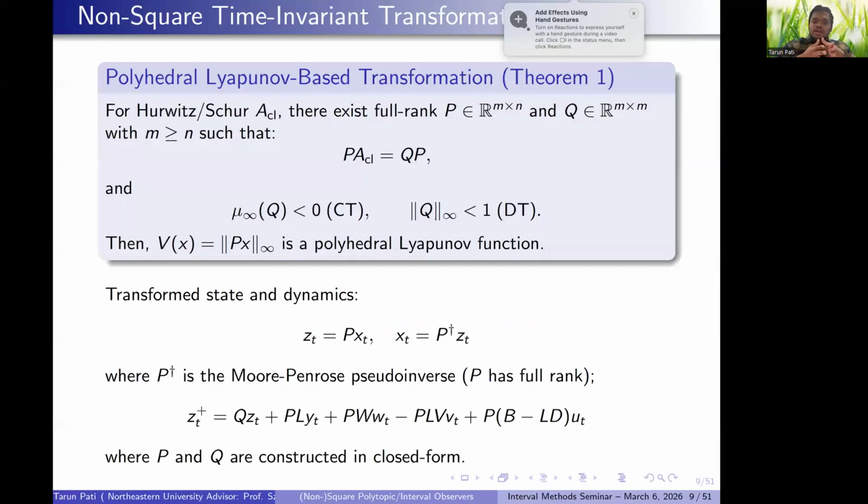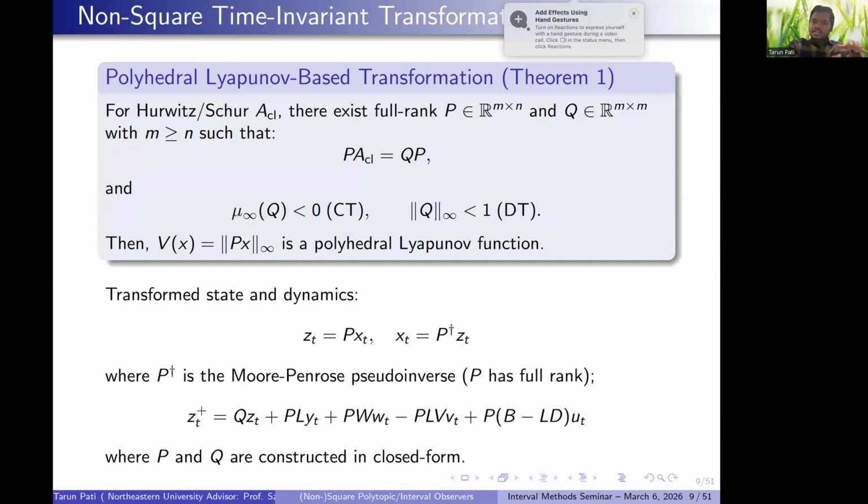Now our first theorem is that if ACL, this closed-loop state matrix, is Hurwitz, and this is guaranteed because A and C are detectable. That means we can construct L such that ACL will be Hurwitz or Schur stable.